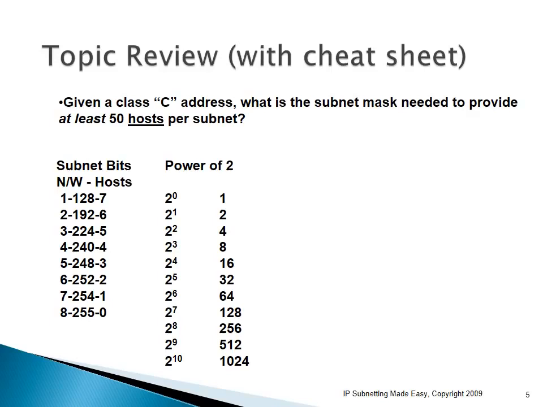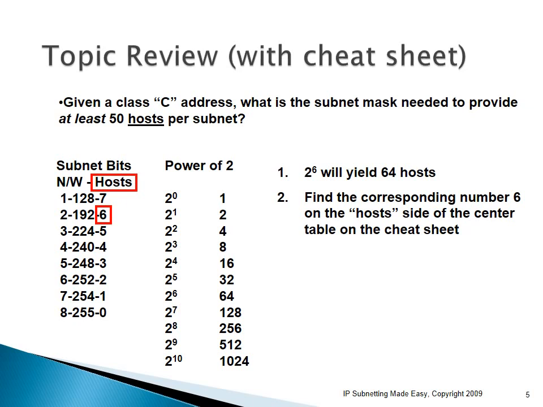Let's try another example. Given a Class C address, what is the subnet mask needed to provide at least 50 hosts per subnet? Looking at the powers of 2 on the cheat sheet, we see that 2 to the 6th will yield 64 hosts. Since we asked for hosts, we will turn again to the host side and look down the column for the number 6, as in 2 to the 6th.